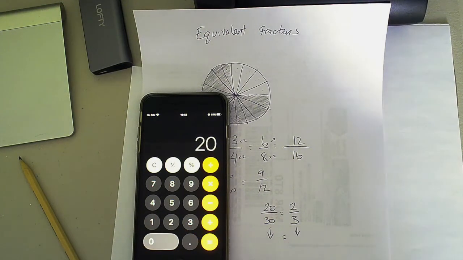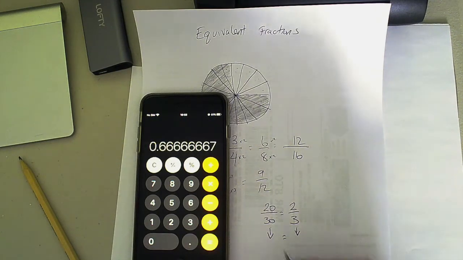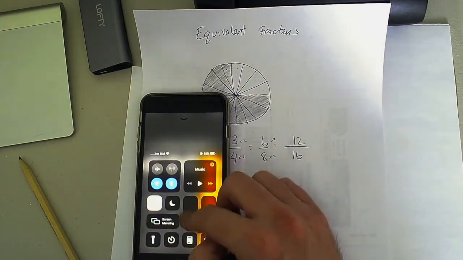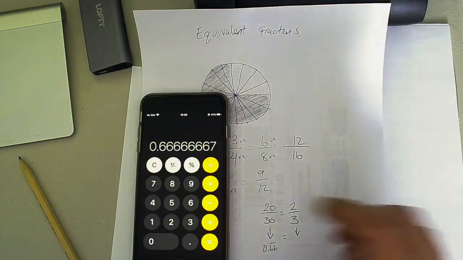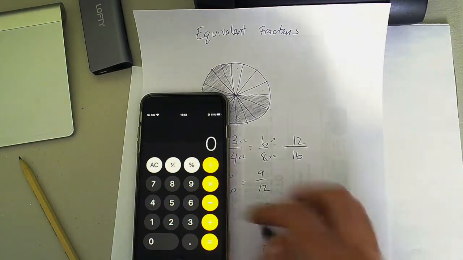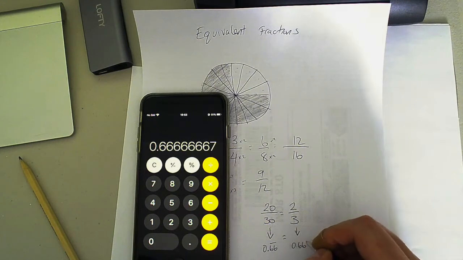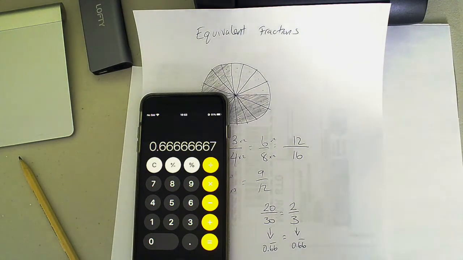So 20 divided by 30 gives you 0.66 repeating. Let's bring down the brightness a bit here. Okay. And 2 divided by 3 gives you the same answer. So now I've used the calculator just to double check my answers.